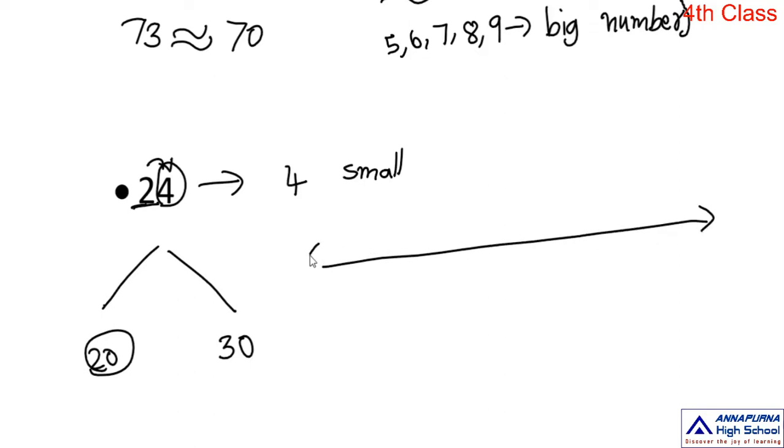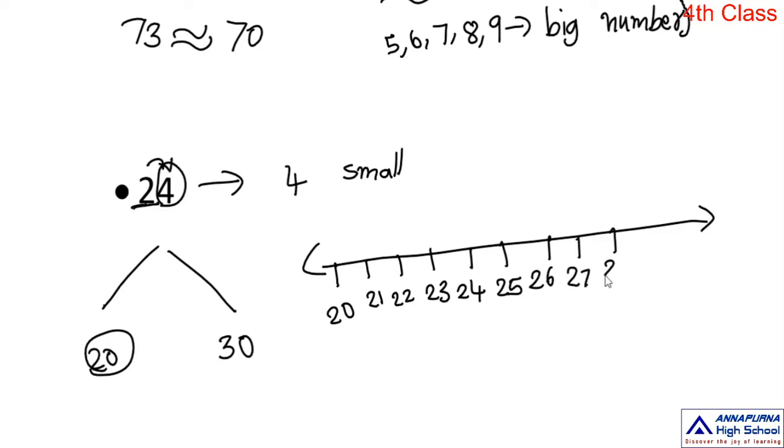Okay children. So 24 lies between 20 and 30. 20, 21, 22, 23, 24, 25, 26, 27, 28, 29 and 30.